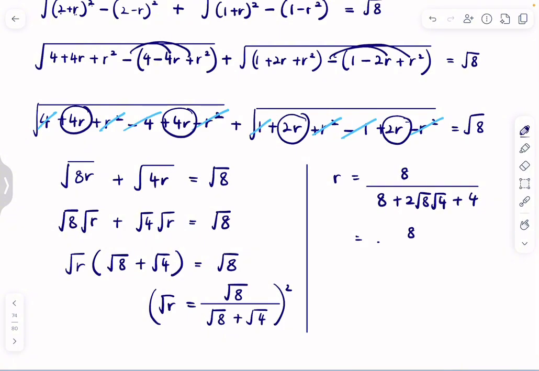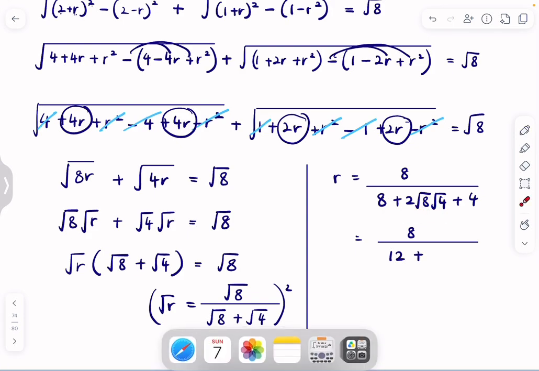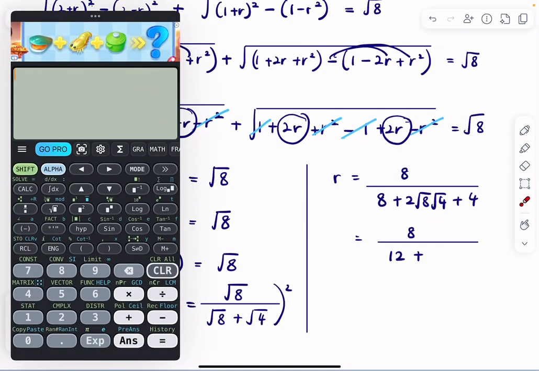So here we get 8 over 8 plus 4, which is just 12. This one we can just type in our calculator: 2 surd 8 times surd 4, we get 8 surd 2. So this is the answer in your textbook.